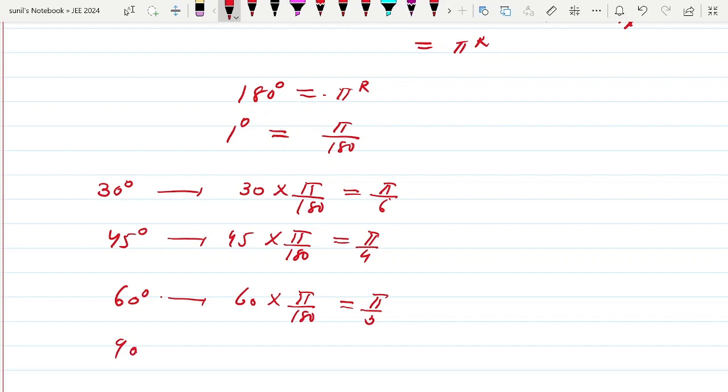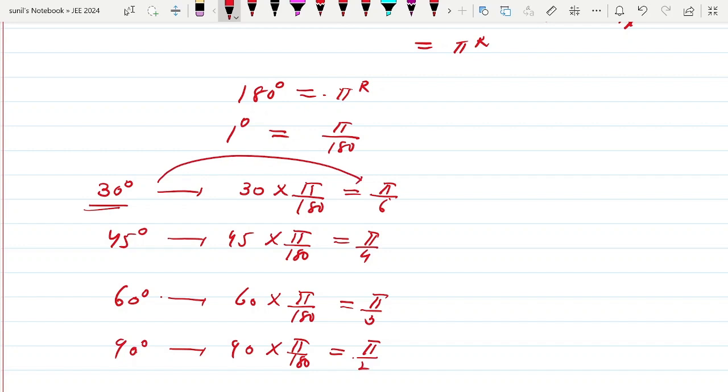And 90 degree is 90 into pi upon 180, that is pi by 2 radian. You can see that corresponding to each degree we have a real number. So pi by 6 is a real number.